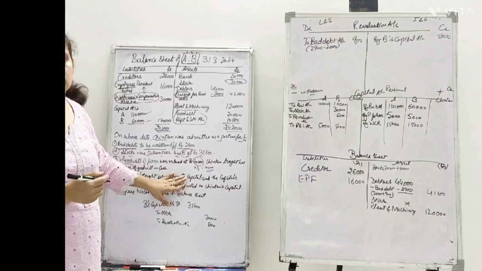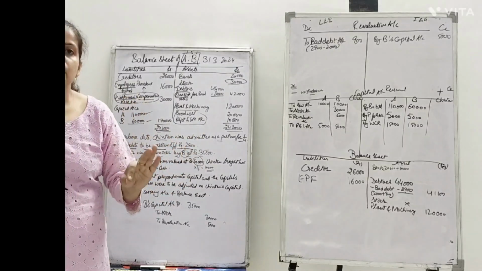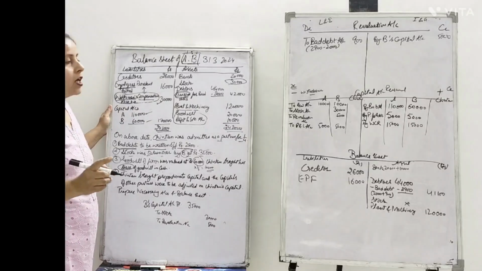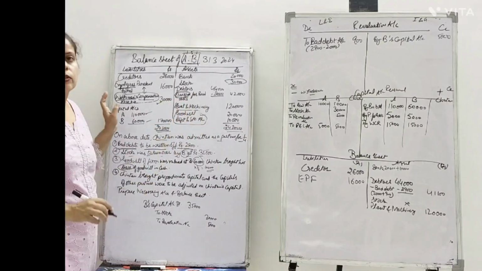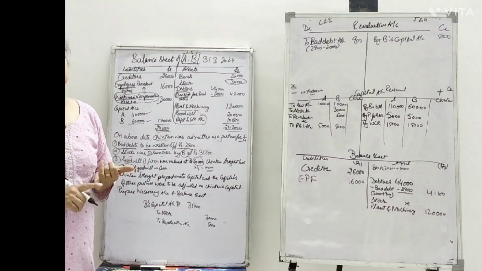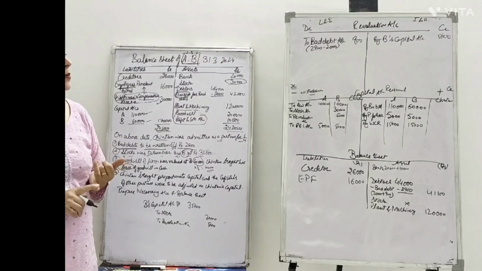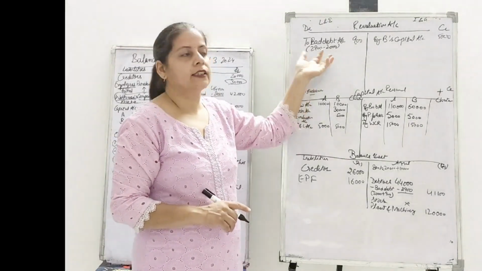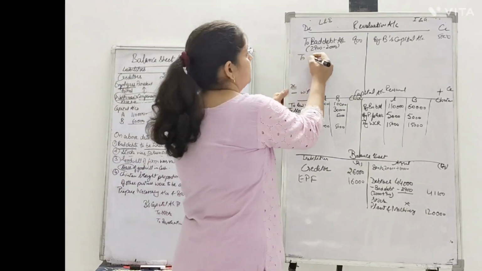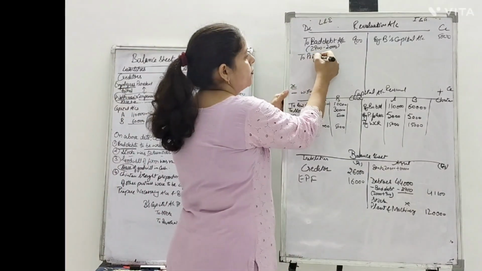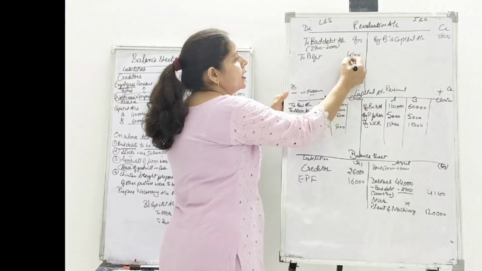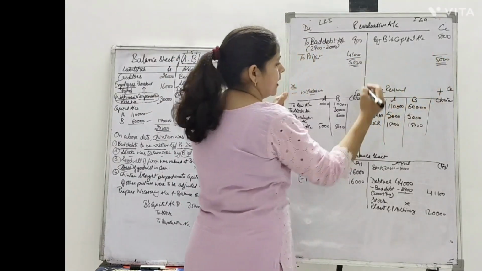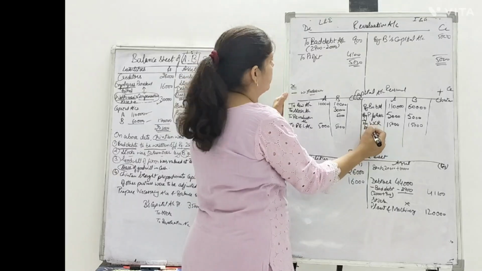Before moving on, just keep in mind that whatever reserves you have to distribute or whatever losses you have to write off will go to the old partners in their old profit sharing ratio. If there is revaluation profit or loss, like here it is a profit of rupees 4,100, that would also go to the old partners in their old profit sharing ratio.